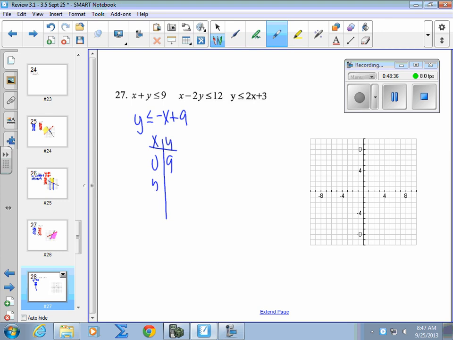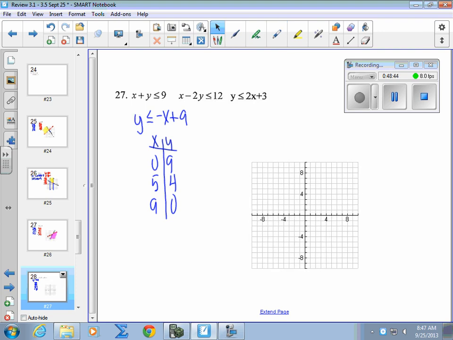Let's do 5 and get 4. Let's do 9 and get 0. So we have 0 and 9, 5 and 4, and 9 and 0. Dotted or solid? Solid.